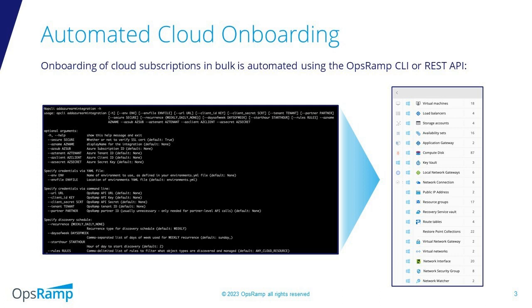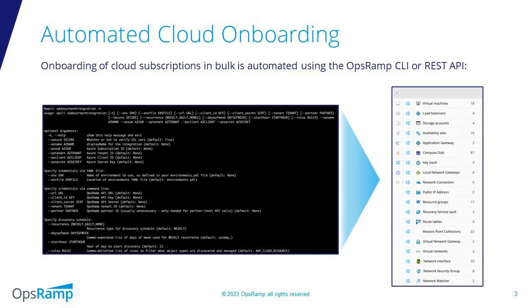I'll also point out that in addition to working with our REST API in the raw, which you can certainly do and is pretty easy to do if you're comfortable with REST APIs, we also have an OpsRamp command line utility, OpsRamp CLI, which is available with a very, very simple Python installation.